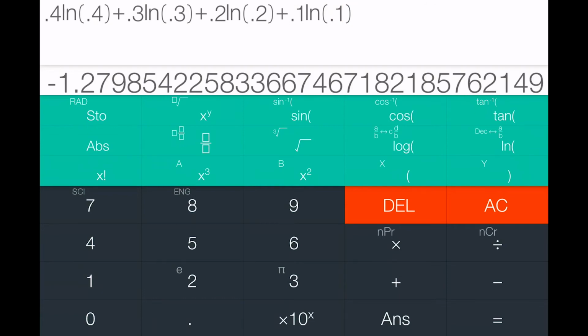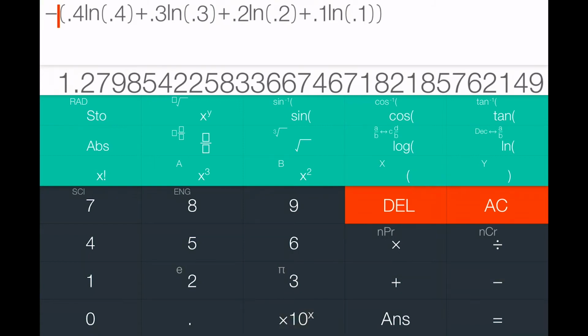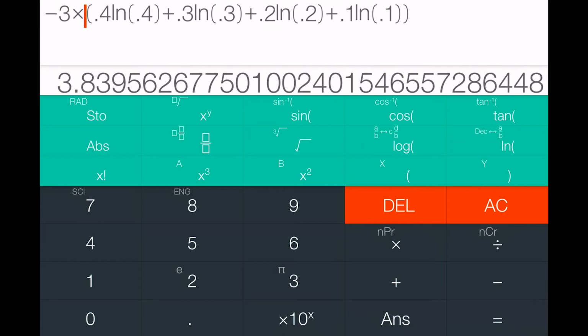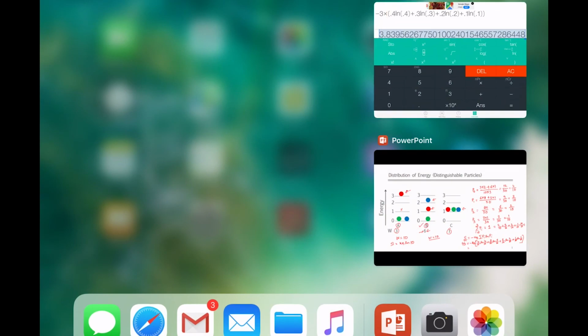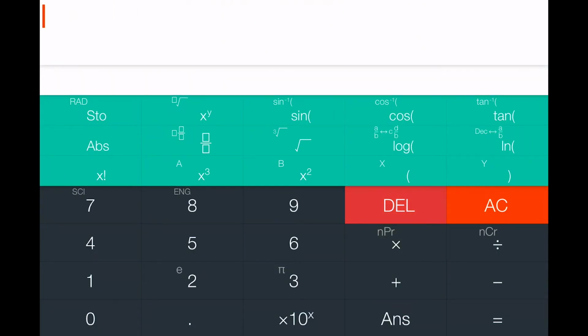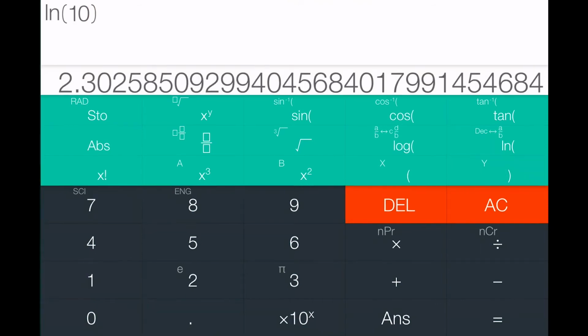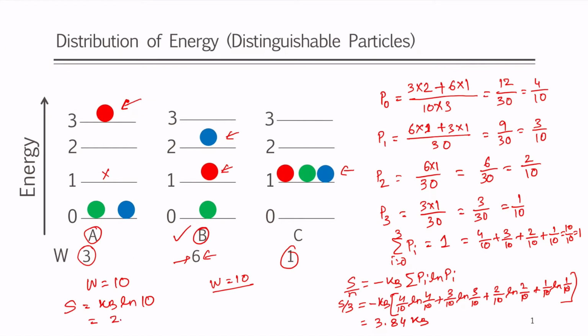We get minus 1.27, and we have to multiply that by 3, and there is a minus sign, so we get 3.84, as you can see here, 3.84 k_B is the value. And k_B ln 10, we can calculate that ln 10 is 2.3, so that is 2.3 k_B.